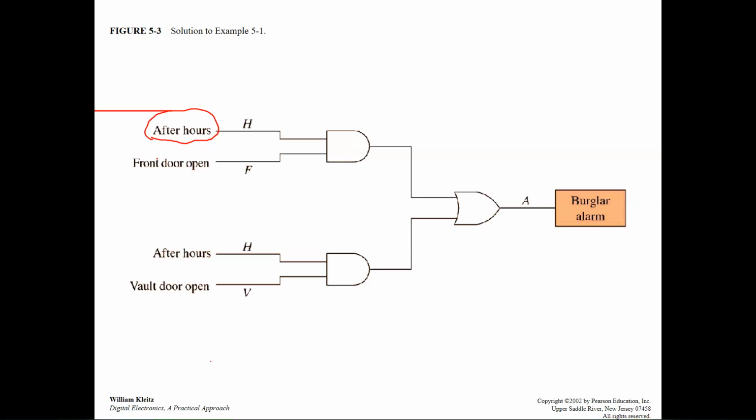What it's basically saying is, hey, the doors are closed. It's closed for the night. So we have after hours, and then we have the vault door being open or the front door being open that causes the burglar alarm. Because we don't want people just randomly walking into places and running off with the stuff we want to have there. Right?